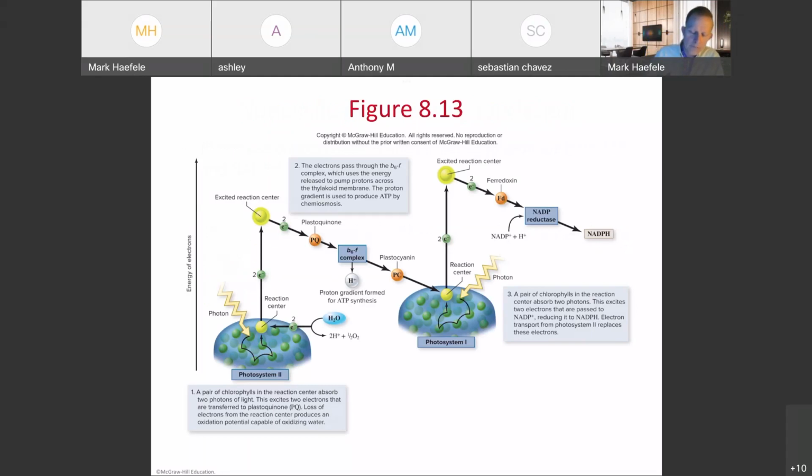So the first thing you're going to notice is we've got two photosystems, photosystem 2 and photosystem 1. We tend to think of this as sort of starting off with photosystem 2. The reason why this is kind of backwards is because we discovered photosystem 1 first and photosystem 2 after photosystem 1. So they kind of kept their numbering conventions, even though technically speaking, in the series, photosystem 2 works first instead of photosystem 1.